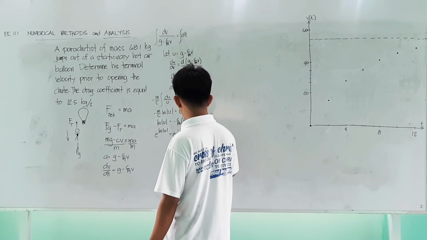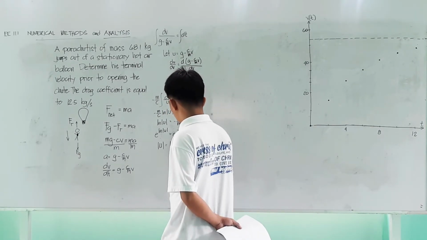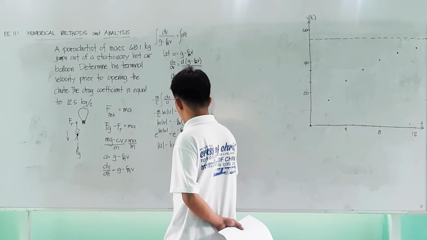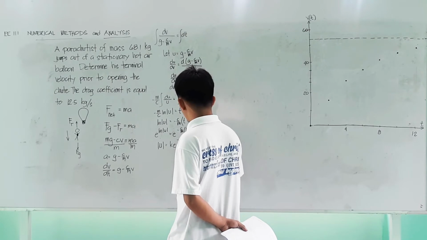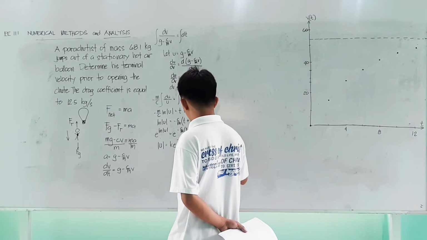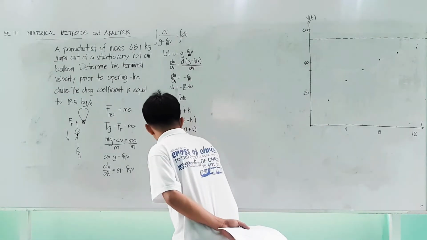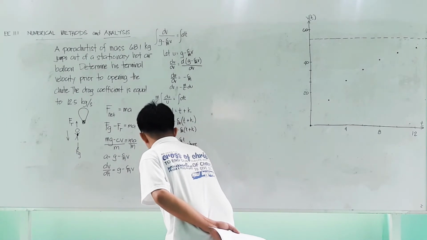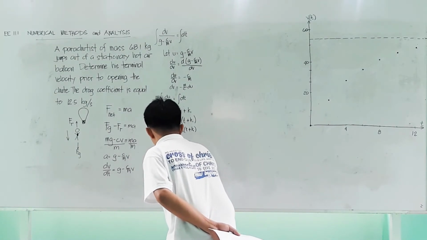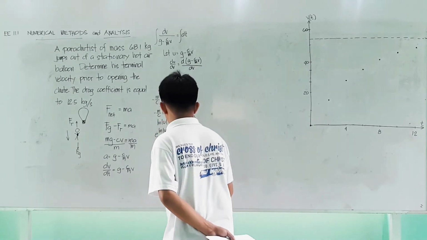We'll have the absolute value of u is equal to e to the power of negative c over m t plus k, where k is equal to k1.